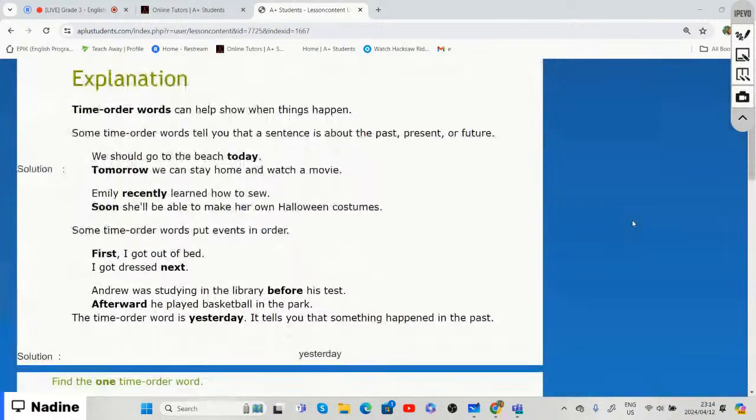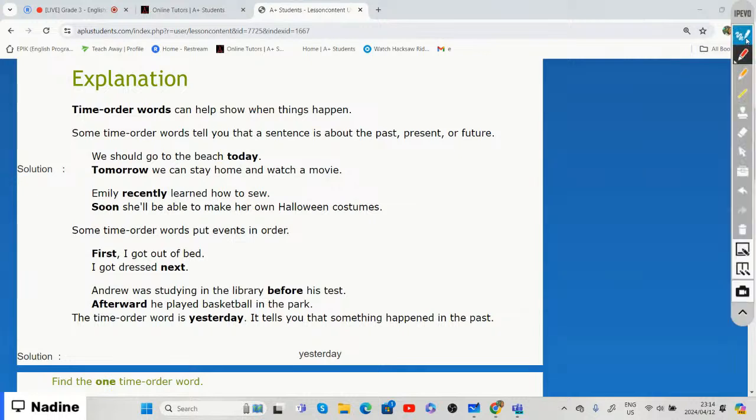And if we put time order words in order, if you were to put these words in a certain sequence, then it means that if you were to write something and explain what you do, let's say while you're preparing to go to bed, you can maybe say that before I go to bed, first I brush my teeth, all right?